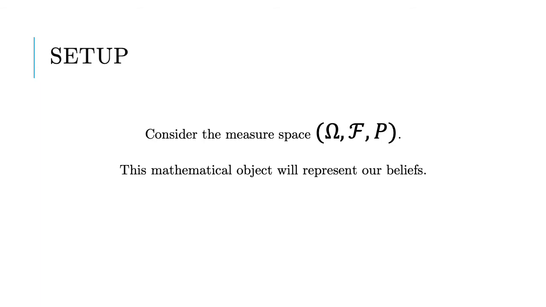The basic setup to understand probabilistic thinking is that of a measure space. And this simple mathematical object is going to represent our beliefs about a given learning situation. So you can think of us reasoning about coin flips, or rolls of a die, or outcomes of cards, which are the conventional objects of games of chance that probability is typically taught in, primarily because of the simplicity of those contexts.